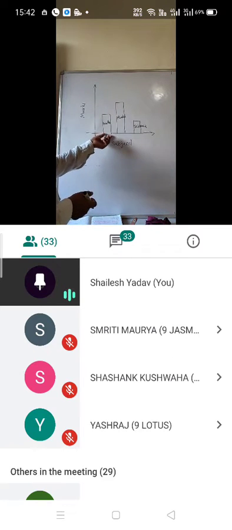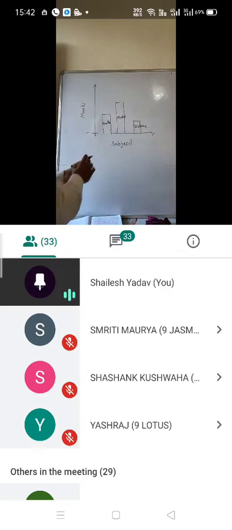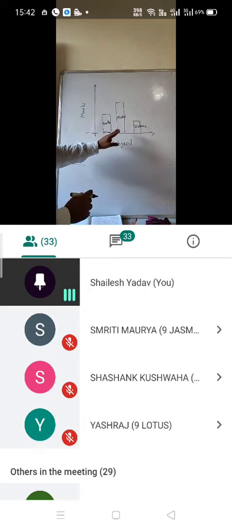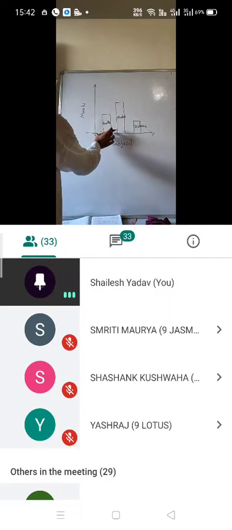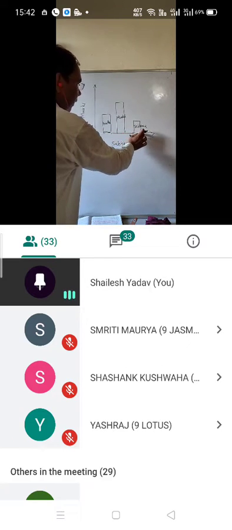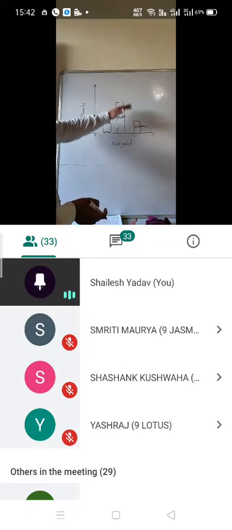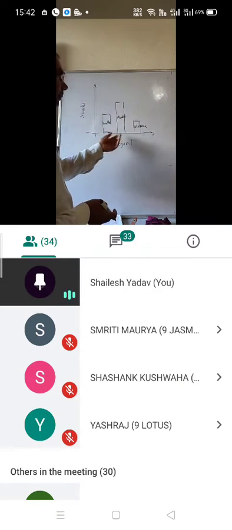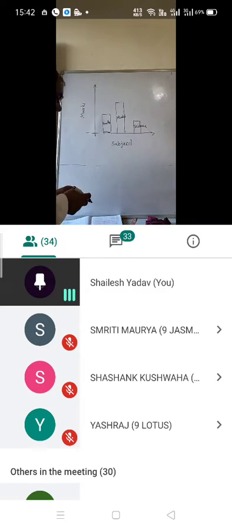That is one property. Second, the width of each rectangle will be the same. It means if the width of this is 1 centimeter, its width will also be 1 centimeter. Only the height is going to differ. Height may differ, but the width will be the same. So that is the bar graph.